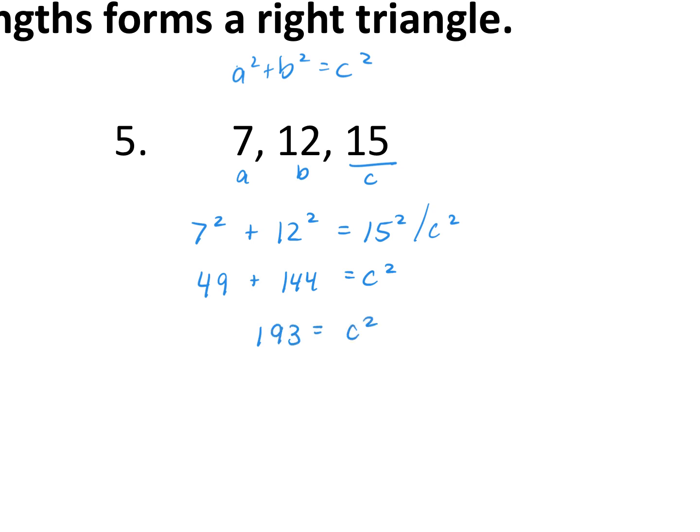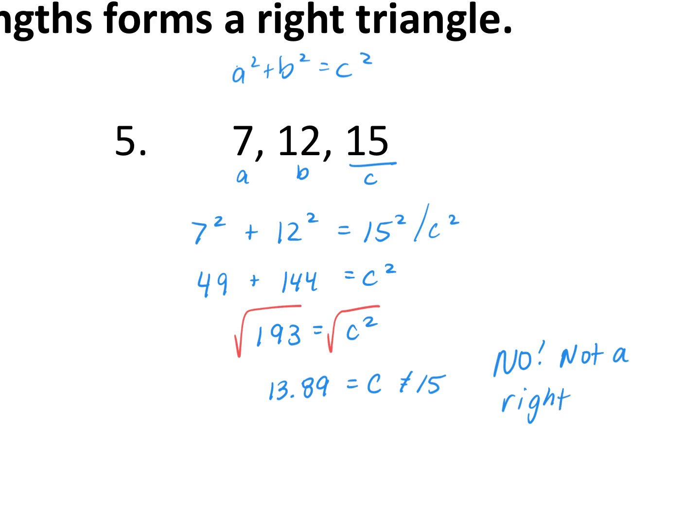What I do to one side, I do to the other, so I take the square root of both sides. This gives me 13.89 is equal to c. Since that's not 15, the answer is no, this is not a right triangle.